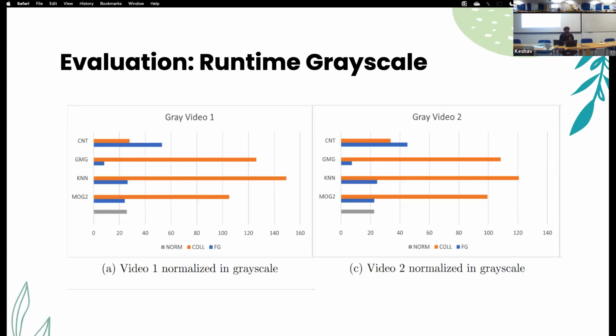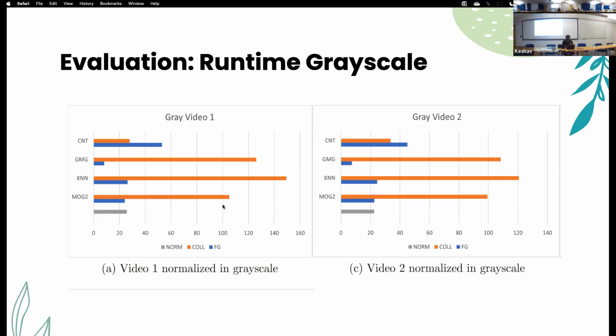Likewise, we can see that for all but the CNT-based heuristic application, all but for CNT, the application of the heuristic is really, really fast.